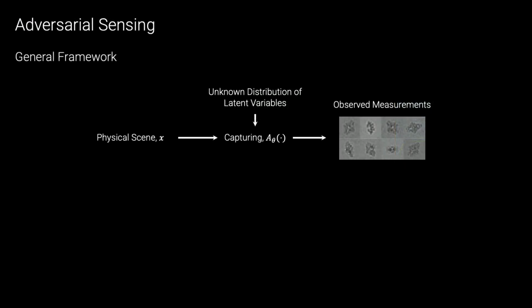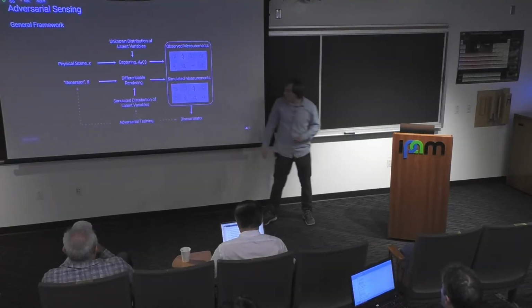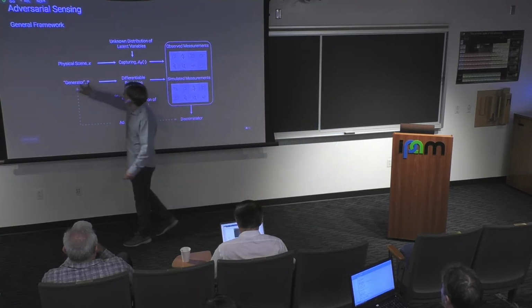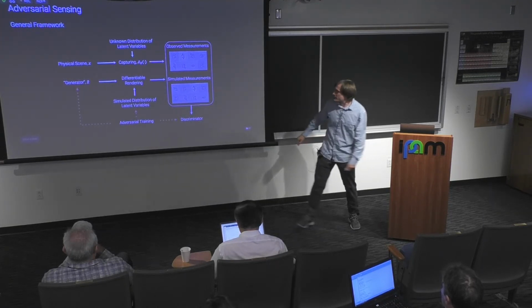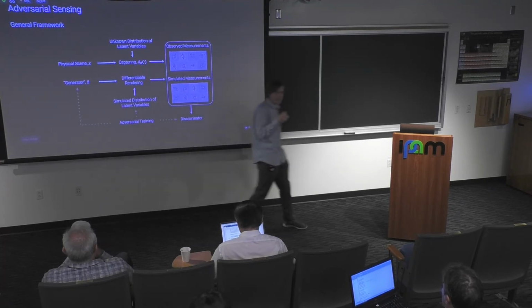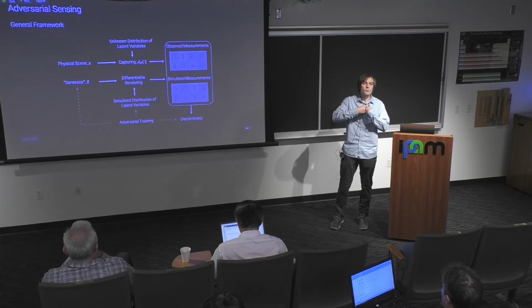So the general adversarial sensing framework works as follows. We have the physical scene, which has some unknown latent parameters. We capture a sequence of observations, and we have these observed measurements. This is what you're given. Then we have a generator network, and generator is a bit of a misnomer here, in that this is reconstructing just a single signal. It's a bit like deep image prior. This is not producing lots of images.